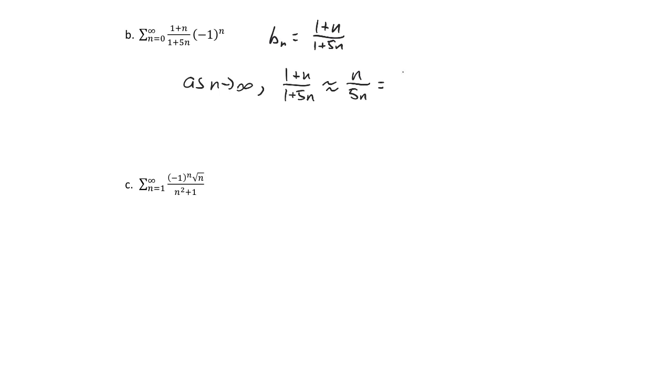Hey, that reduces to 1/5. In order for us to use the alternating series test, the terms have to go to 0. Okay, they don't go to 0, so I can't use the alternating series test. However, I just invoked a different test. The terms do not go to 0.